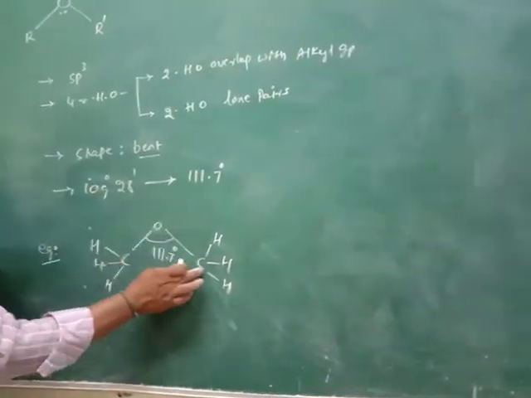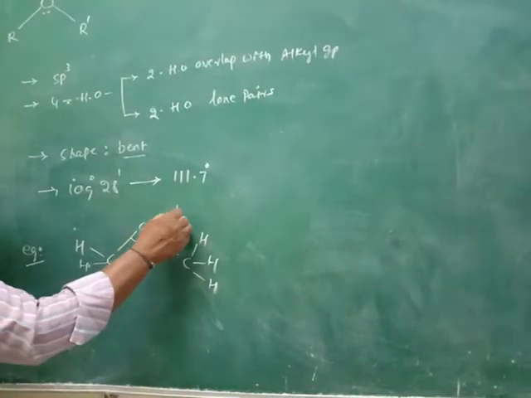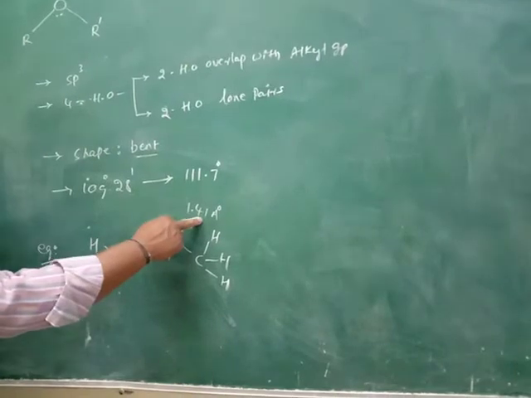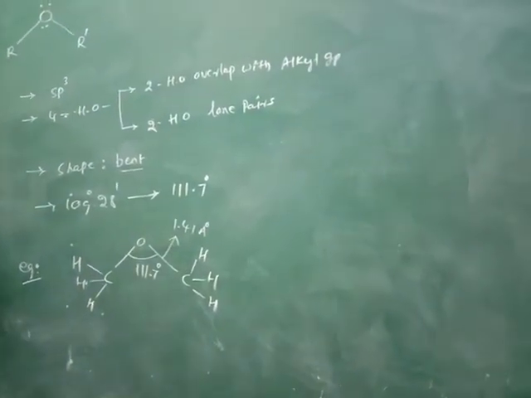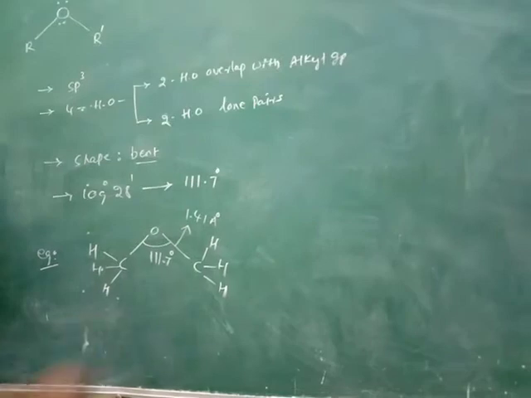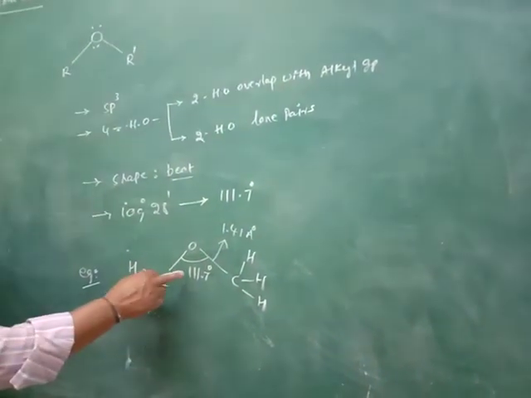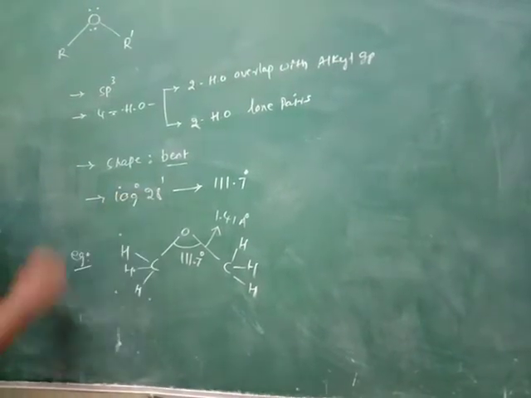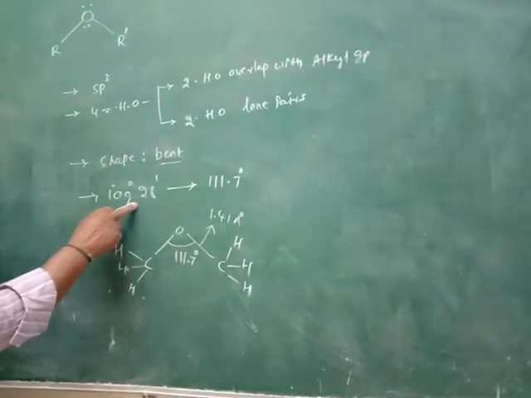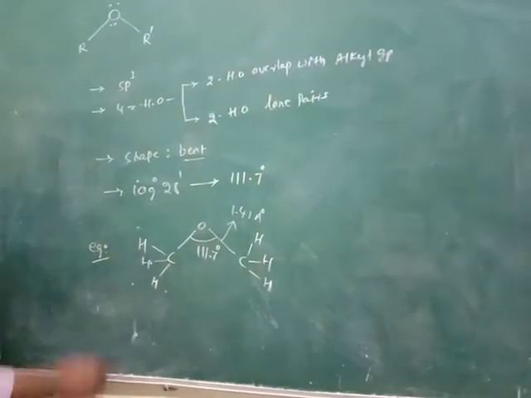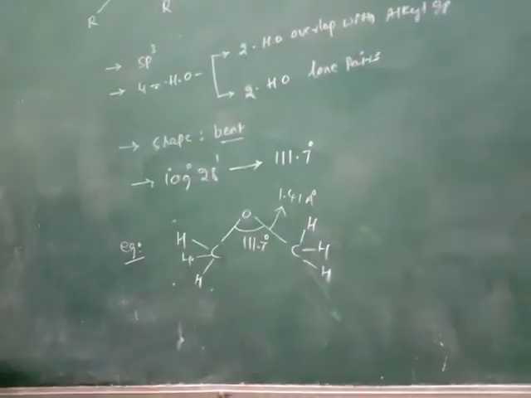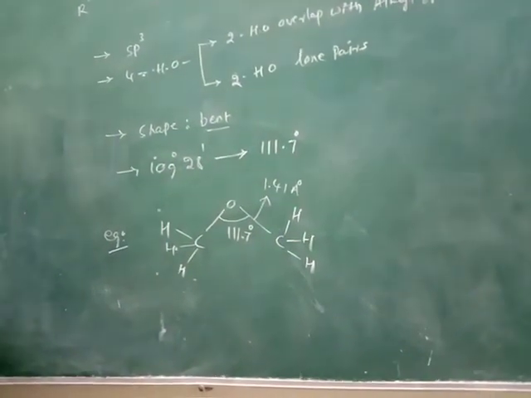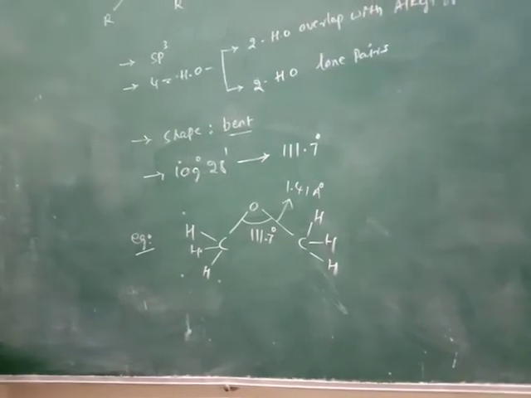The C-O bond length is 1.41 angstroms, which is similar to the bond length of alcohols. Actually, if oxygen is involved in sp3 hybridization, its bond angle is 109 degrees 28 minutes, but it increases to this value due to the repulsion between the lone pairs and bond pairs of electrons. So that is simply the structure of ethers.